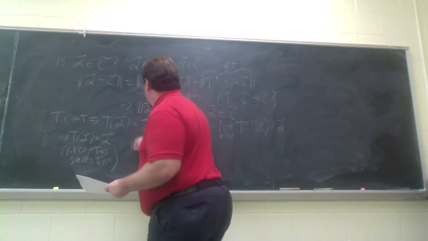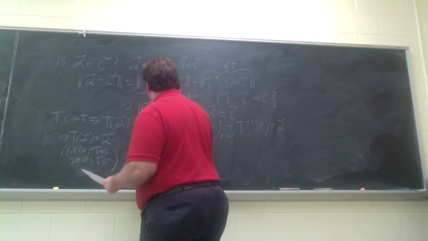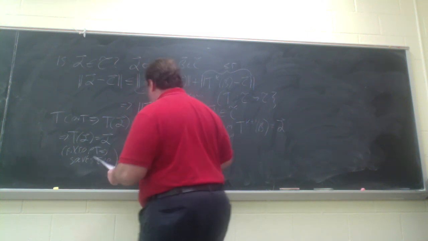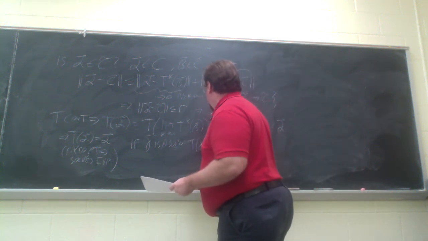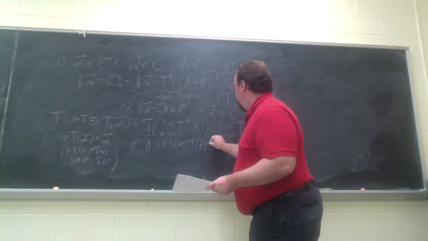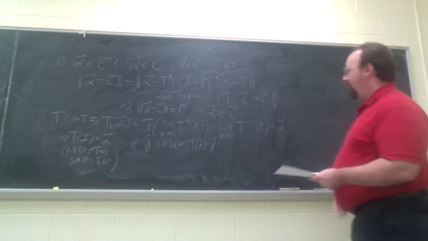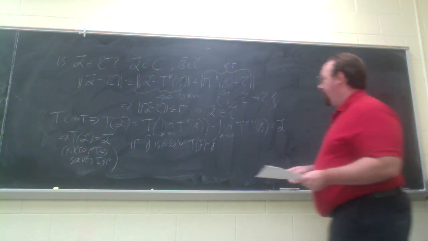So if gamma is also a solution, so T of gamma is equal to gamma, because it's also a fixed point, because the two statements are equivalent. So here's what we look at.